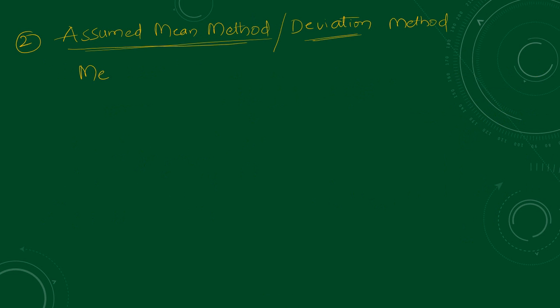Here the formula for the mean is given by mean is equal to a plus, sometimes you will have capital A here, in some books they represent it with small a, a plus summation of fi into di by summation of fi.